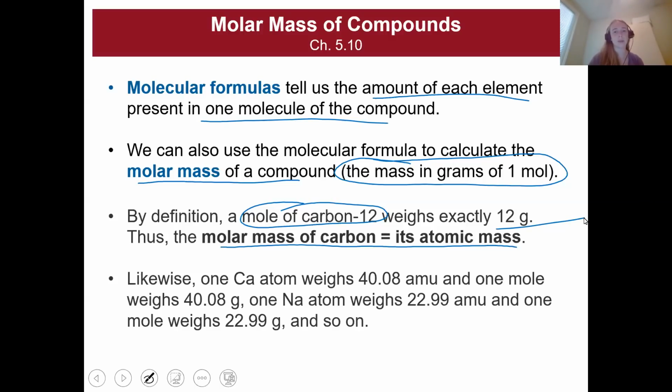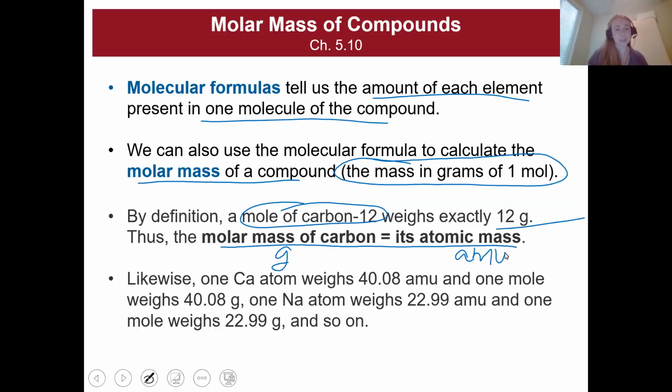And that's why the molar mass of carbon is equal to its atomic mass. So the molar mass in grams is equal to the atomic mass in AMUs, is how I should have that written. So the molar mass of carbon is 12 grams. The atomic mass of carbon is 12 AMUs. So the difference is whether we're talking about 1 atom or 1 mole of atoms.